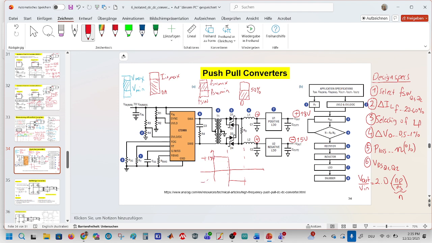So the question is, what kind of input voltage should I use to produce plus 18 volts and minus 15 volts? What would be the range of the input voltage?